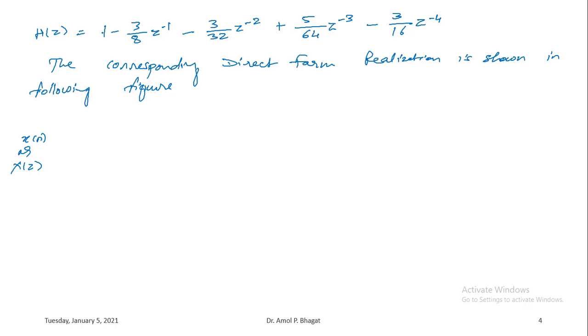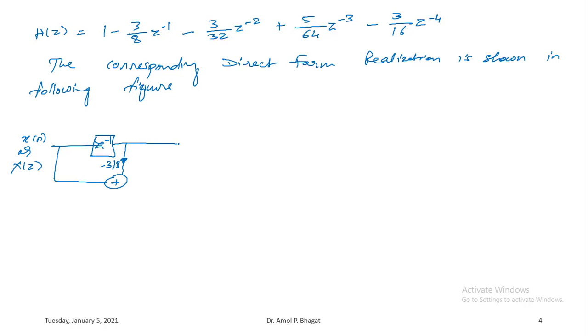So first term is 1, so this one is added here, so it is added with this delay multiplied by minus 3 by 8. Okay, so you will need one z inverse here and one constant multiplier you will use here, that is it will be minus 3 by 8, right?